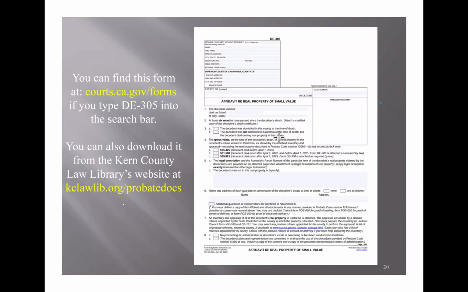For instance, if your decedent had moved away and was living in LA County when he or she died, then you have to go through the LA County court for this, not Kern County, even though this is where the property is. Then you're telling the court that the gross value meets the limit that you have depending on when your deceased died.